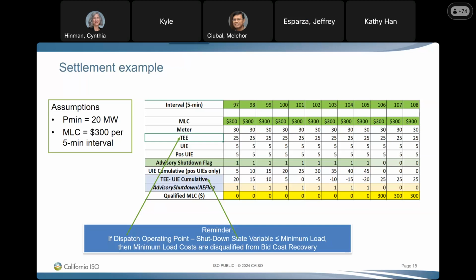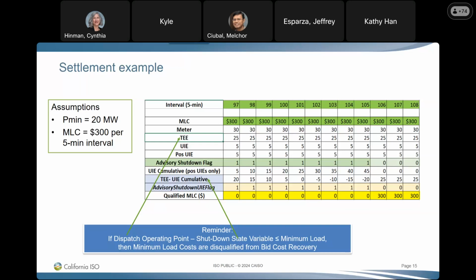Does that mean that in the previous hour they had already set the flag or told the generator to shut down, and during these intervals they didn't start shutting down, so they're deviating from the TE? Is that why they're not qualified for the min load cost?